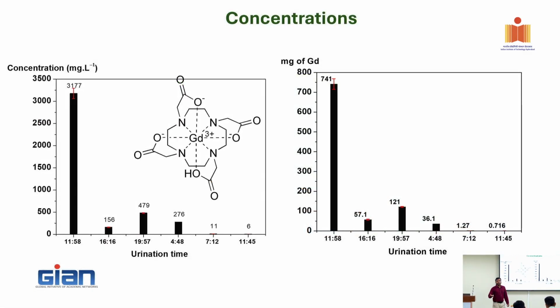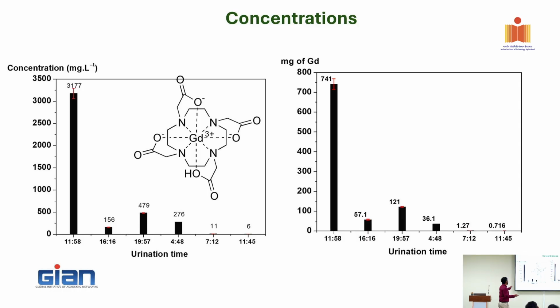As I mentioned before, we collected 6 urine samples and did ICP-MS analysis for all the metals, and these are the gadolinium concentrations found in the urine samples. You can see on the left-hand side, at 11:58 a.m., the first urination event has almost 3200 ppm, which is about 3.2 grams of gadolinium per liter of urine.